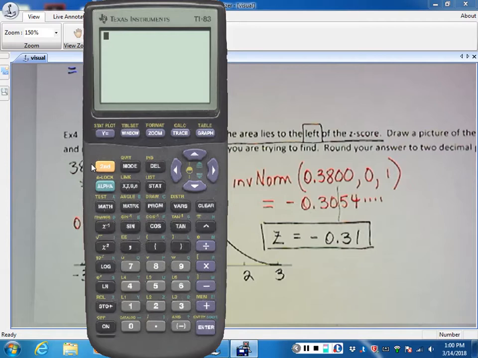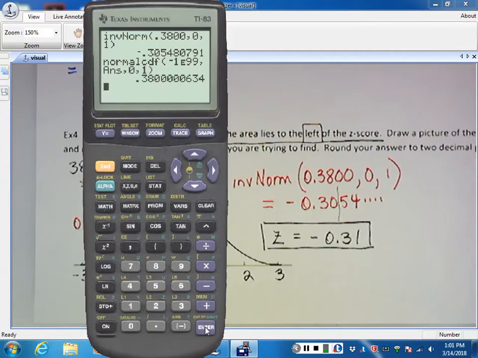What it thinks the answer is changes every time you do something. So negative infinity. It thinks the answer is that negative 0.3054, 0 and 1. And now it comes back and it's almost perfect.